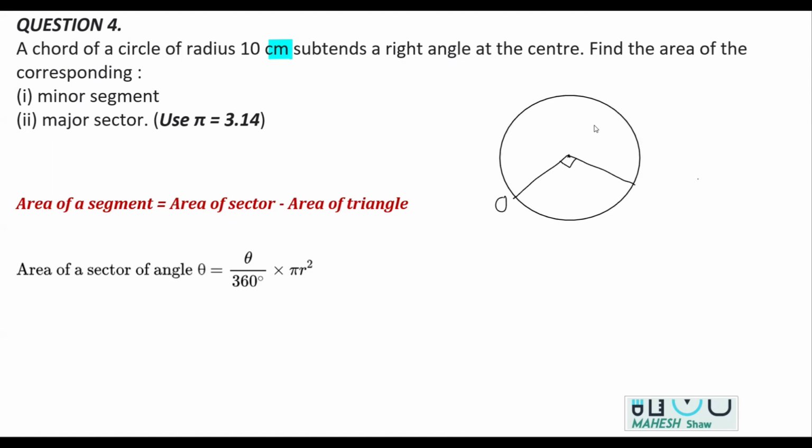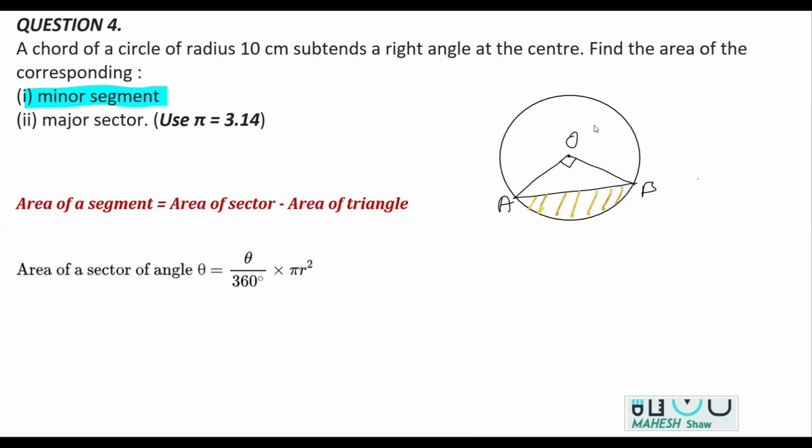Let's name it OAB and join this. The first part I'm doing is the area of the segment, and this is the segment here.